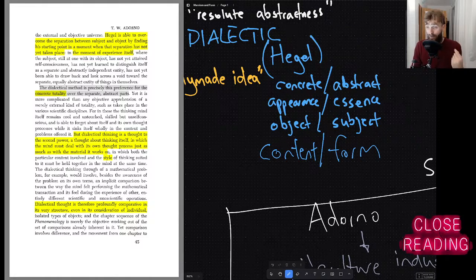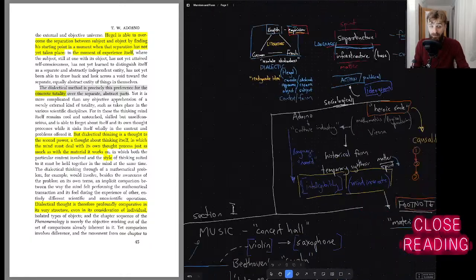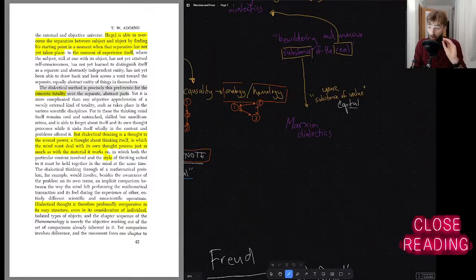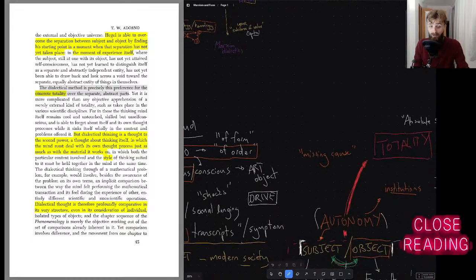We can't think of appearance without essence. We can't think of object without subject. We can't think of content without form. And we can't think of totality without, as I was saying before, positing the possibility of something beyond it. There is this incompleteness to totality, which is the holdout for a future or the possibility of a future in the dialectical method.